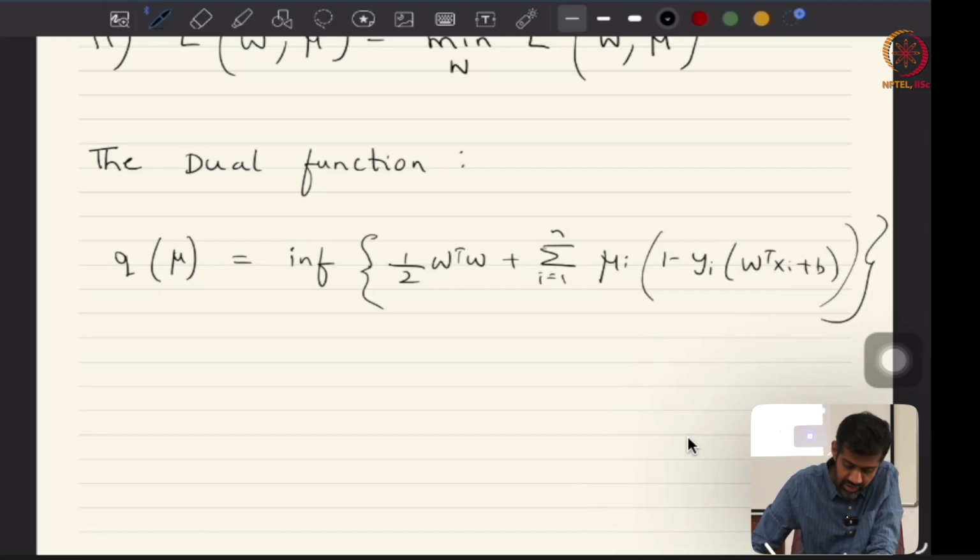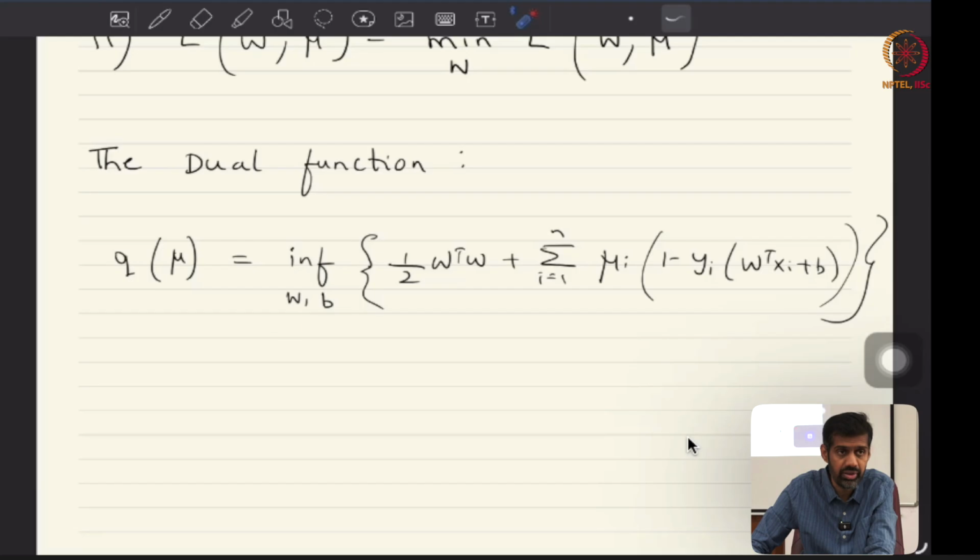We will have to take the infimum with respect to the variables of optimization in the primal problem, which are W and B. This is the definition of the dual function. Now please note that we are looking at the infimum of this objective with respect to W and B.